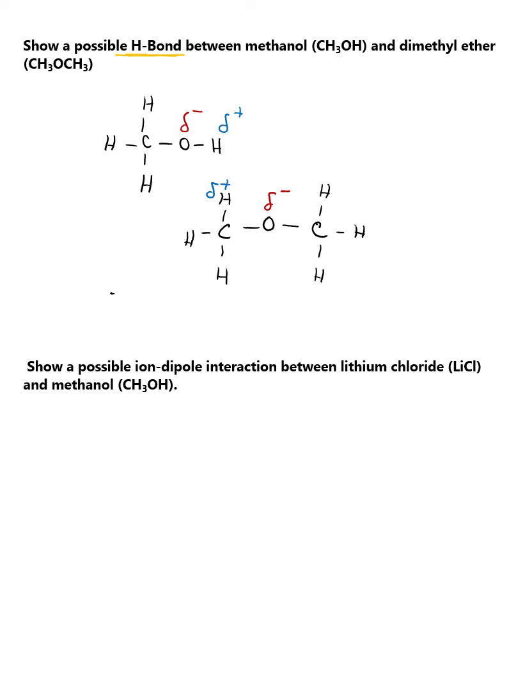Just some of them to show a possible hydrogen bond. That's your methanol, the first one, CH3OH, negative on the oxygen atom, positive on the hydrogen that is bonded to that oxygen. In your dimethyl ether down here, you have an oxygen bonded to two carbons. The oxygen will have the negative sign.